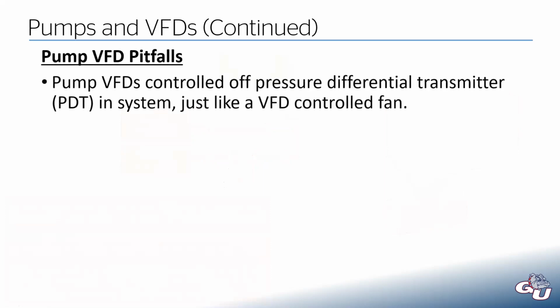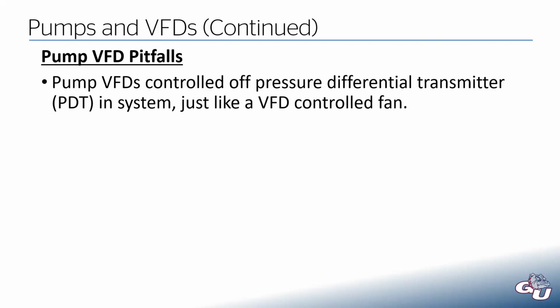If you have a pump VFD, those are controlled, at least typically, off of a pressure differential transmitter, or a PDT, in the system, just like a VFD controlled fan. If you think back to when we were talking about VAV systems, and you had a bunch of VAV boxes, you stuck this PDT in the ductwork, and as the boxes started to close because they're calling for less air, that PDT would see an increase in pressure because now you're choking off your air and the pressure is going to increase accordingly.